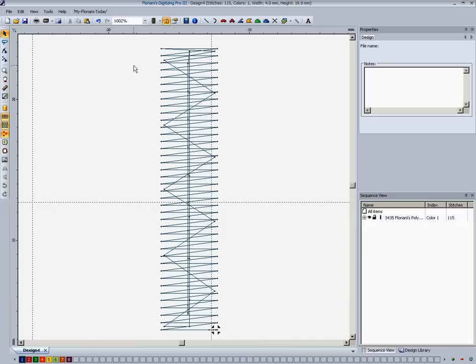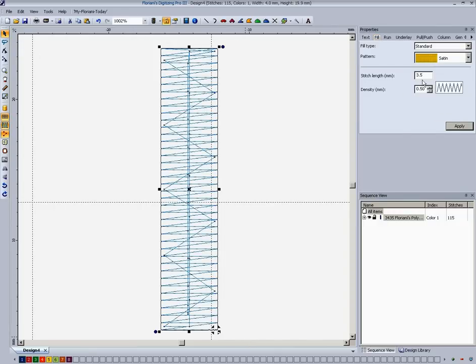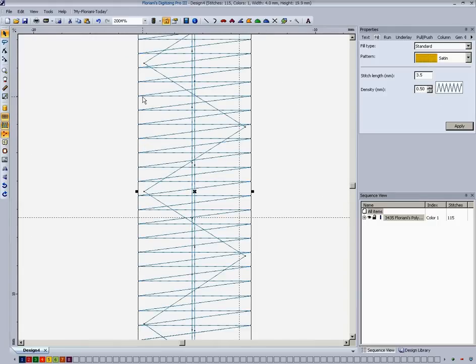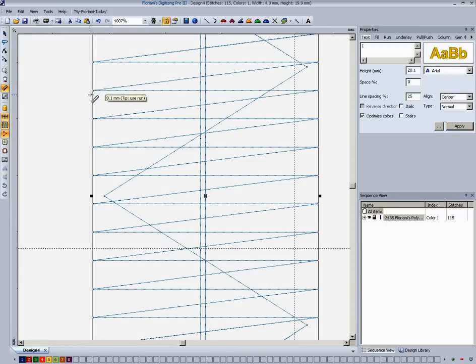So if we select this I, we will see over here under fill that density right there is 0.5, which means that's a half of a millimeter between stitches. So if we take our ruler here and we measure between this stitch and this one down here, we'll see that is 1/2 of a millimeter. So that is our effective density down through here is 0.5.